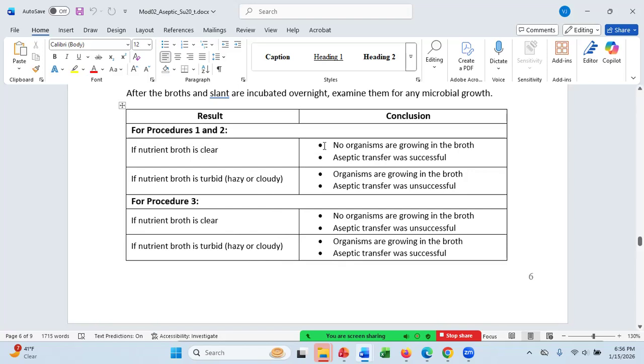So we expect no organisms to grow in the broth if everything was done aseptically. But in procedure 3, we're actually inoculating cells in. So we expect that the organisms will grow in the tube.